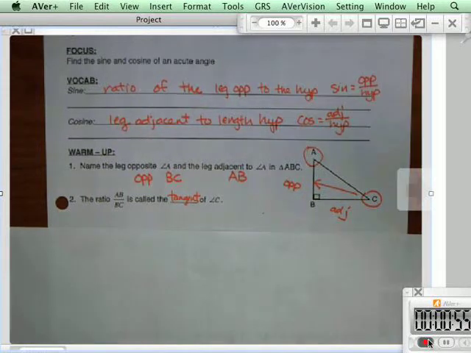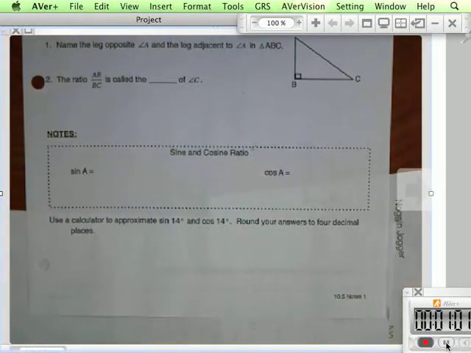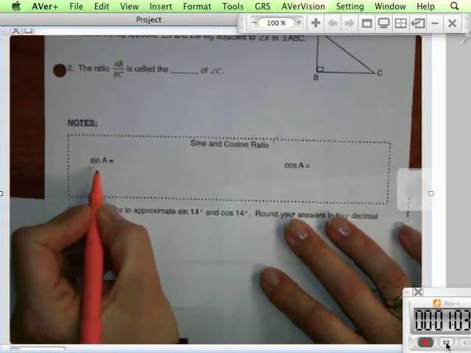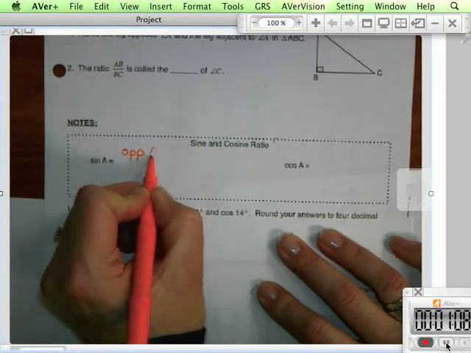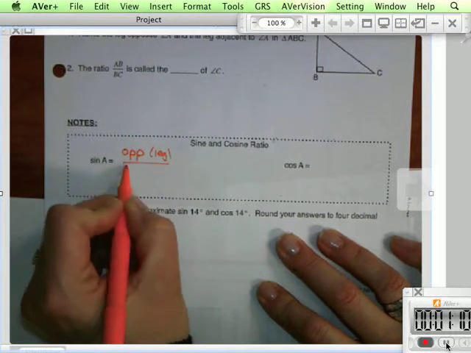Okay. Then what I want to do right now is put the homework answers up here so people can check. The first one is sine, we call it the sine of A, which is the opposite. It's always going to be a leg over the hypotenuse.